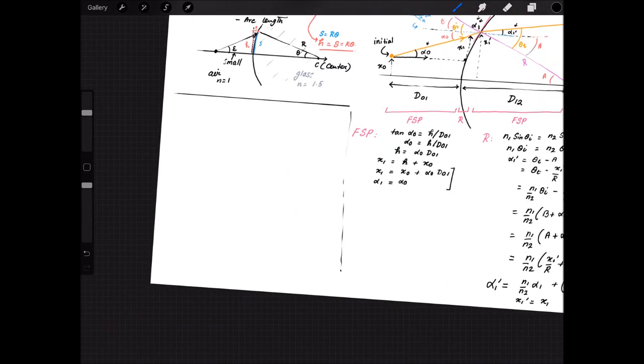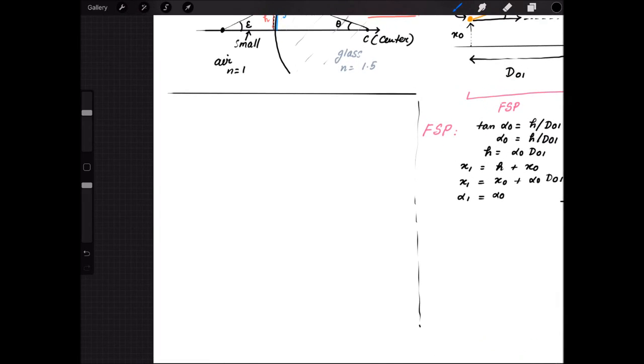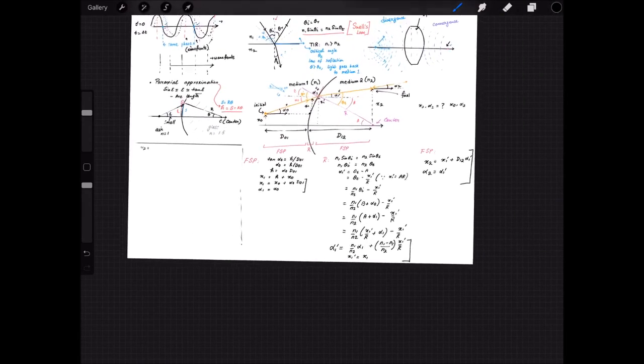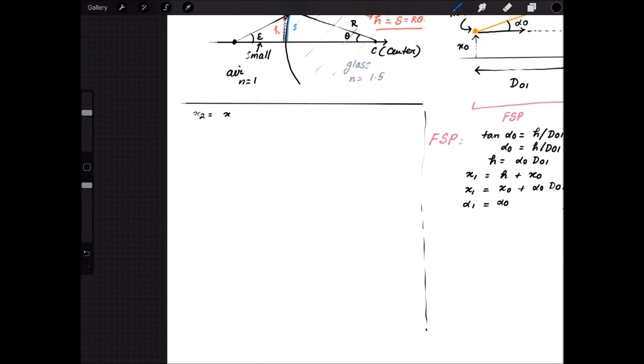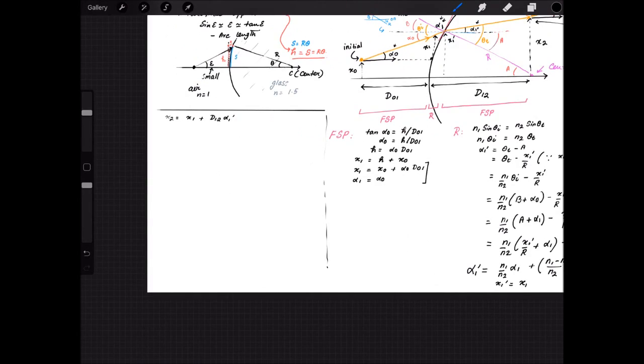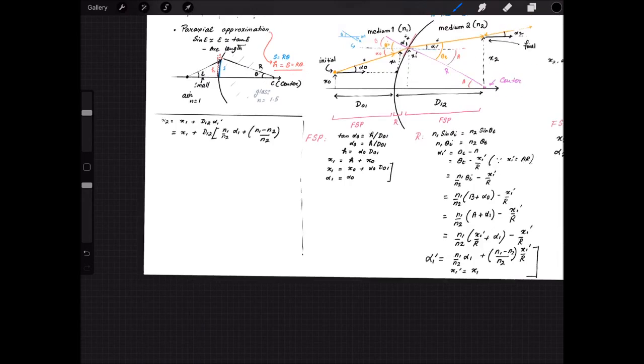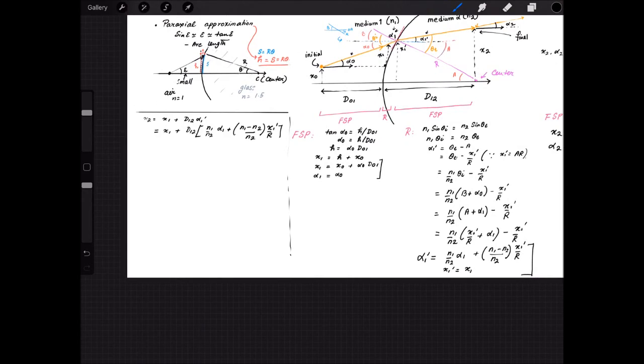So we had x2 equals, so what do we have? What did we solve? So x2 equals x1 prime plus d12 alpha 1 prime. So x1 prime, which was equal to x1. So x1 plus d12 alpha 1 prime. Alpha 1 prime we solved was n1 over n2 alpha 1 plus n1 minus n2 over n2 times x1 prime over R. Now we have to replace x1 prime, which was x1, but x1 is then related to x0, so let's write that.